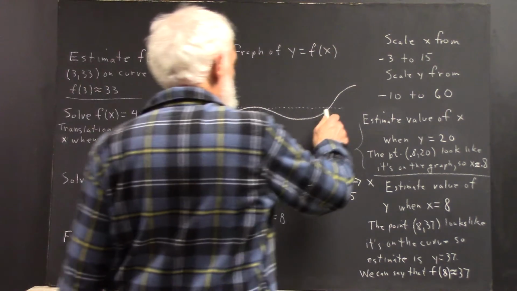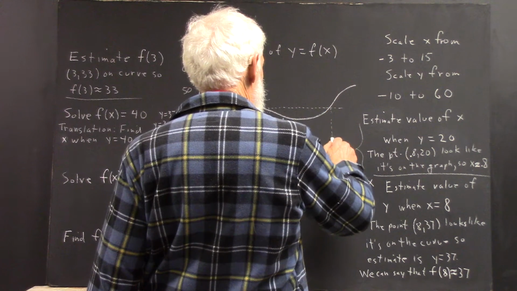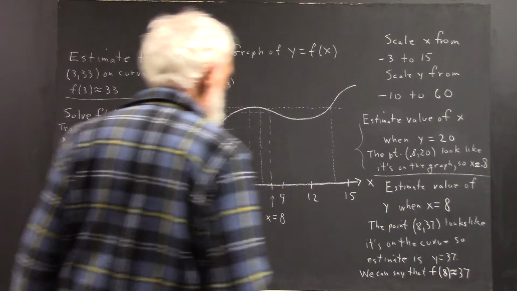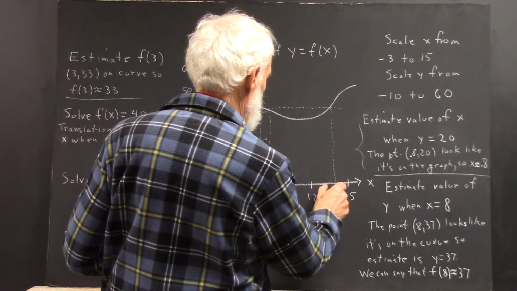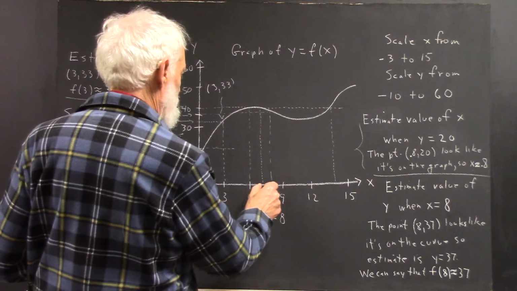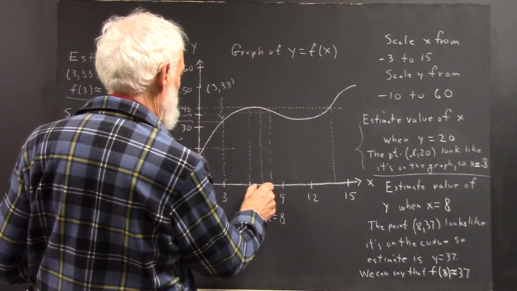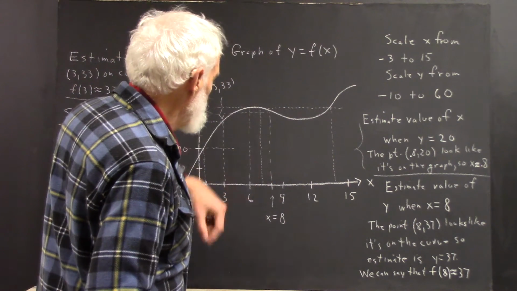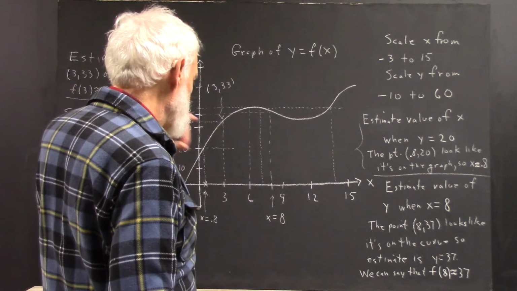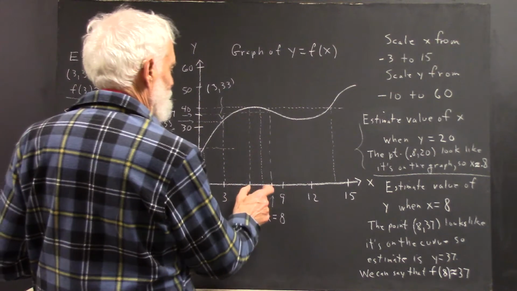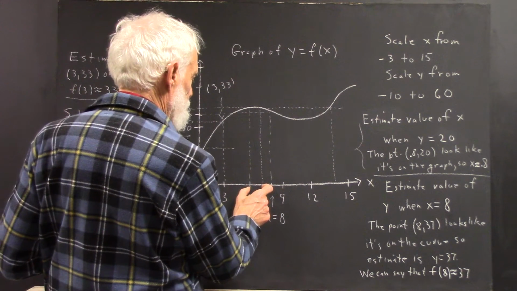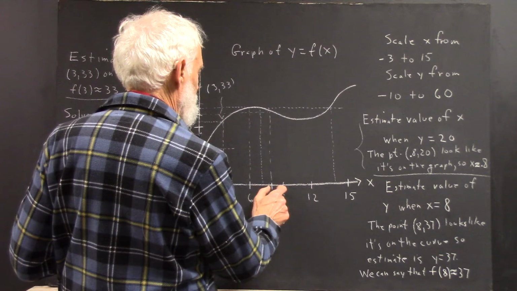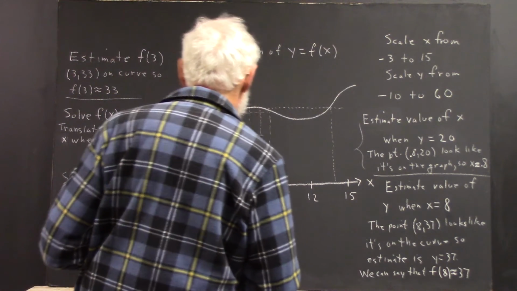And then it intersects out here, and I think I can honestly estimate that to be pretty close to 14. Let me check the spacing: that's 8, not 9. I said 7.3, so I'm probably still okay. It's a little more than 2 of these units, so I'm going to say 7.3.